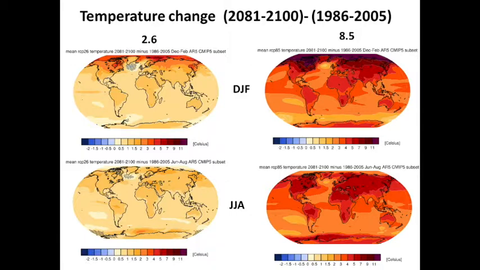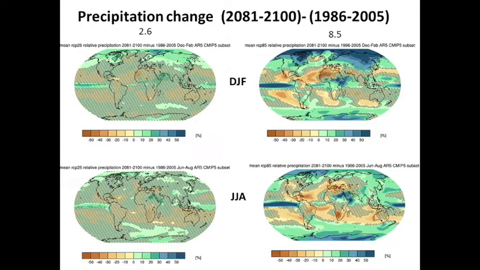And one thing that is interesting when we compare with precipitation, these are the precipitation changes in 2.6 and 8.5. And these hatches mean the regions where the standard deviation is larger than the difference. So we can say that these changes are within the natural variability.